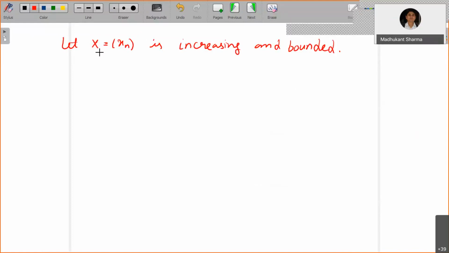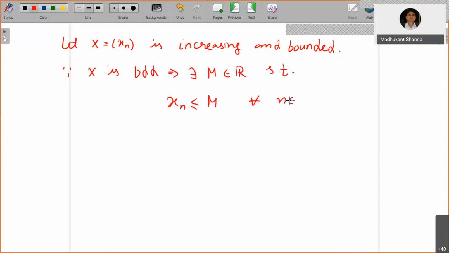Right. Since X is bounded, this means there exists a capital M in the real numbers such that xn is less than or equal to M for all n belonging to the natural numbers.